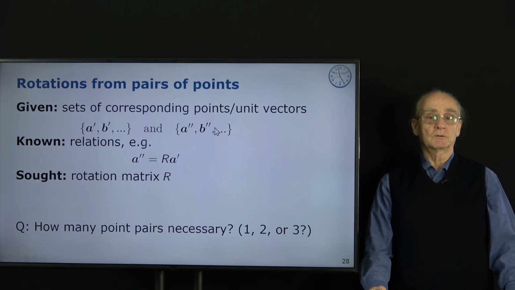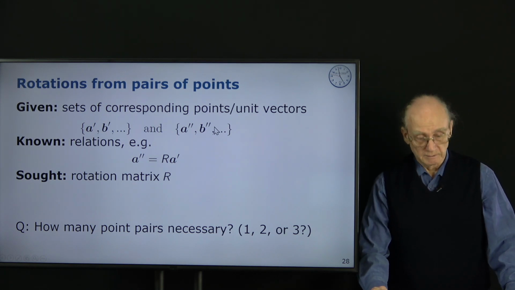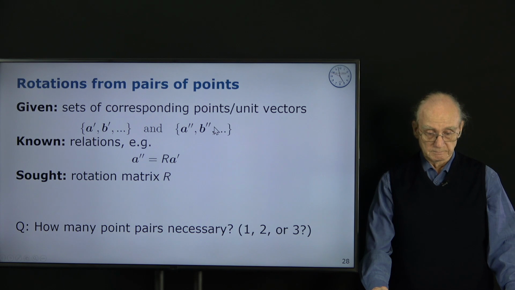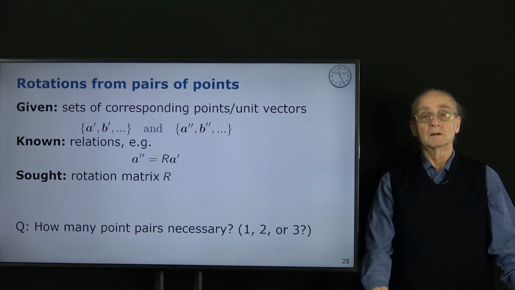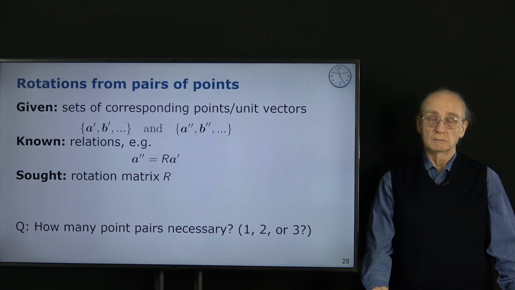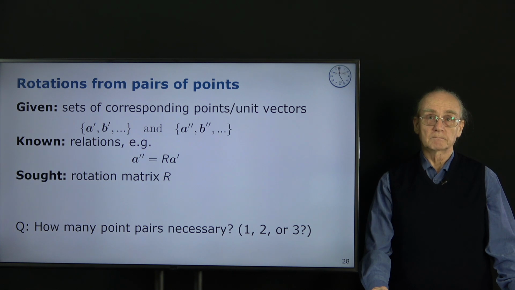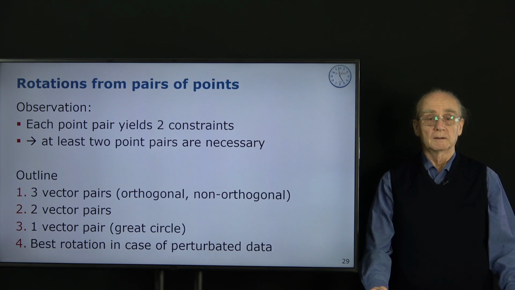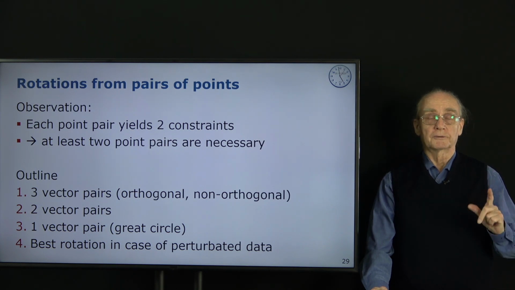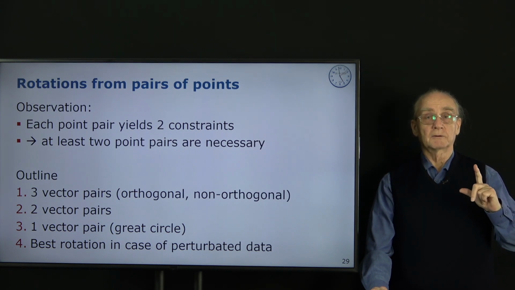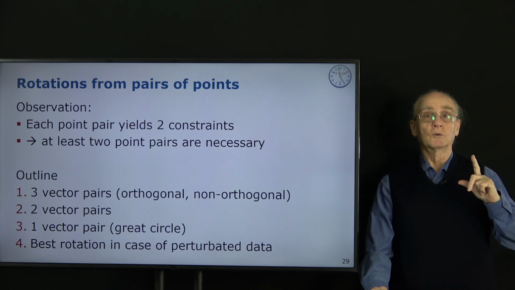The question is now, how many of these corresponding points do we need? 1? Is that sufficient? 2? Seems doable. 3, certainly. Each point represented on the sphere is represented by 2 values, longitude and latitude.